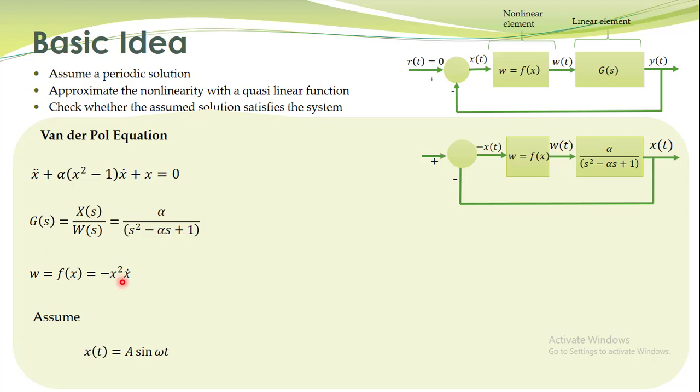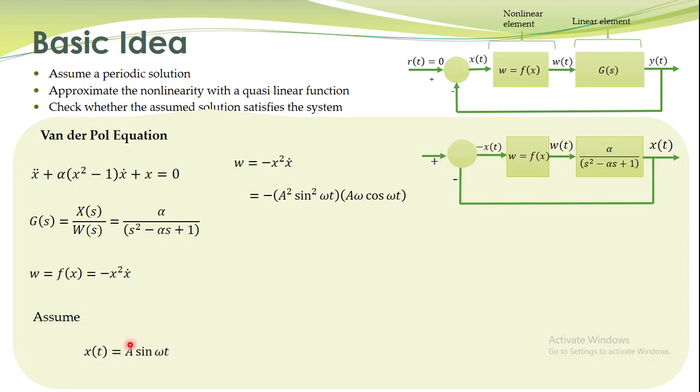So for this particular system, we assume a periodic solution. Here x of t is equal to a sine omega t. We have assumed a solution to this differential equation, and then we shall perform some intermediate step, and then we shall substitute the assumed solution into the equation to verify whether that is actual solution or not.